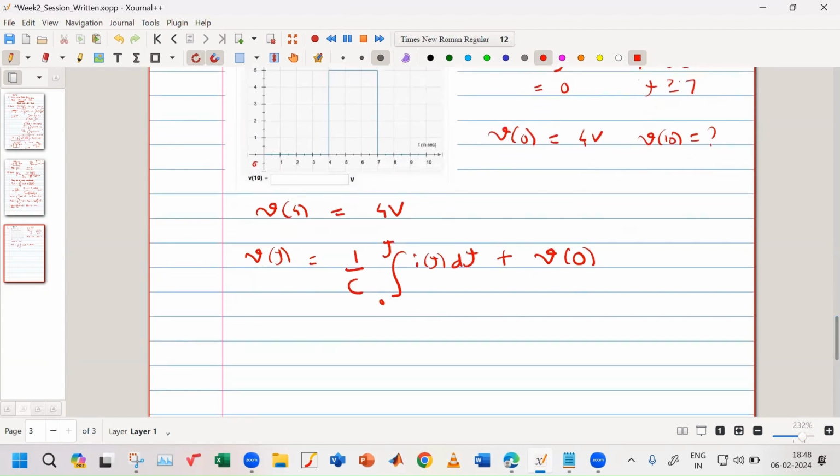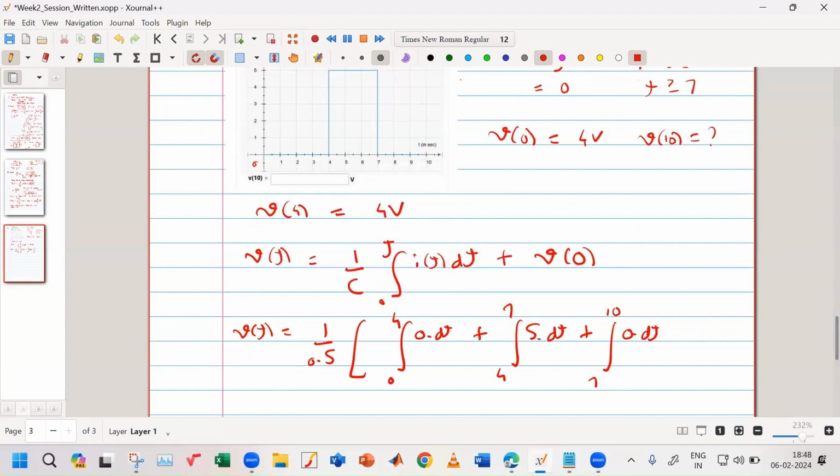So 1 by 0.5 times the bracket: integration 0 to 4, 0 into dt, plus integration of 4 to 7, 5 into dt, plus integration of 7 to 10, 0 into dt, the whole bracket, plus V of 0. Is there any doubt in this? No, sir.